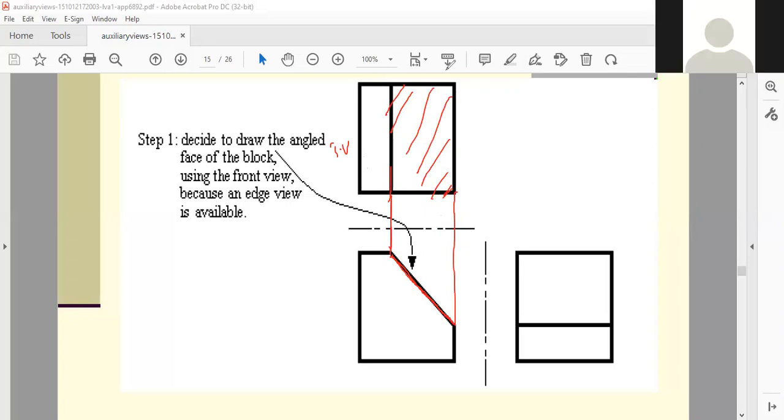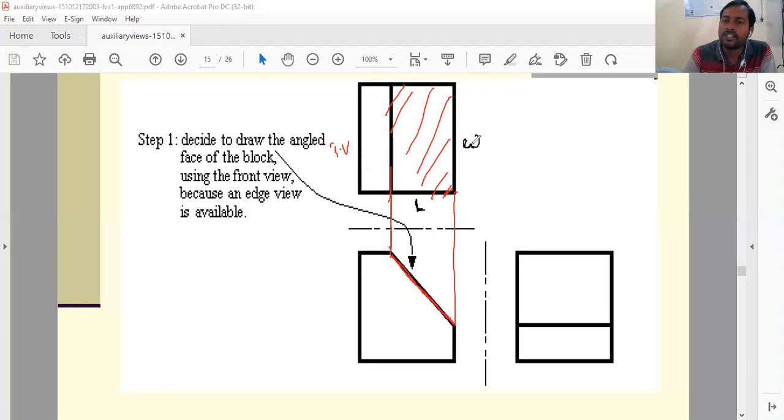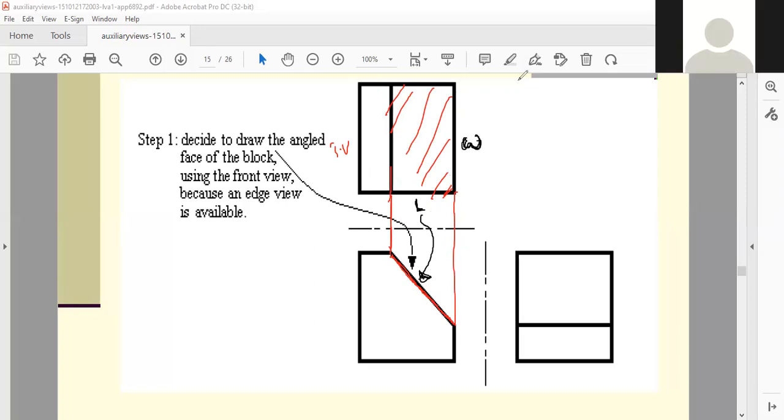For example, this is the length of the auxiliary view I want to take, and this is the width. Length is taken from the inclined line. Width is as it is. Okay.